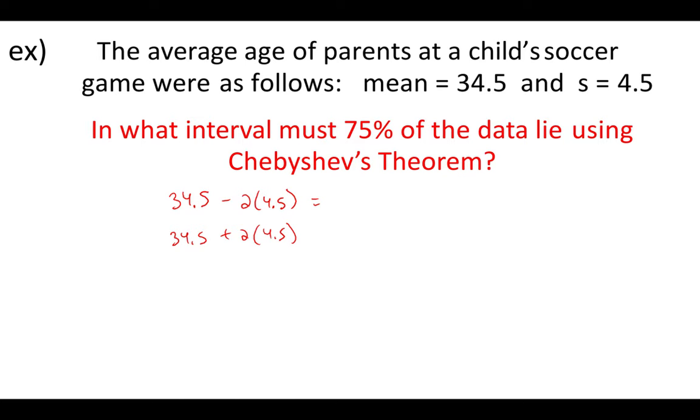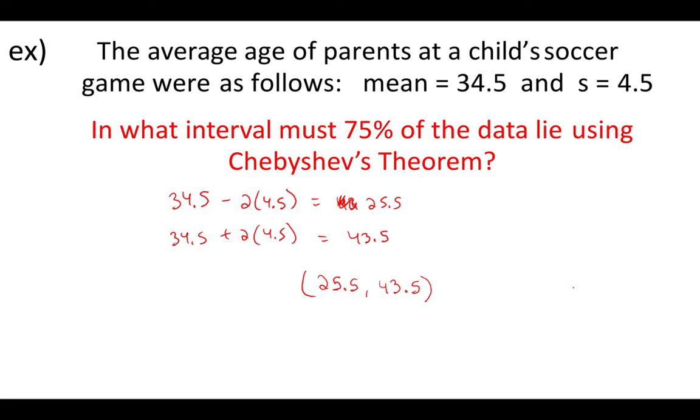So that'd be minus 9, which would be 25.5. And then if we added it, it would be 43.5. So we could say that 75% of the data, meaning 75% of the parents' ages, are between 25.5 and 43.5 years old.